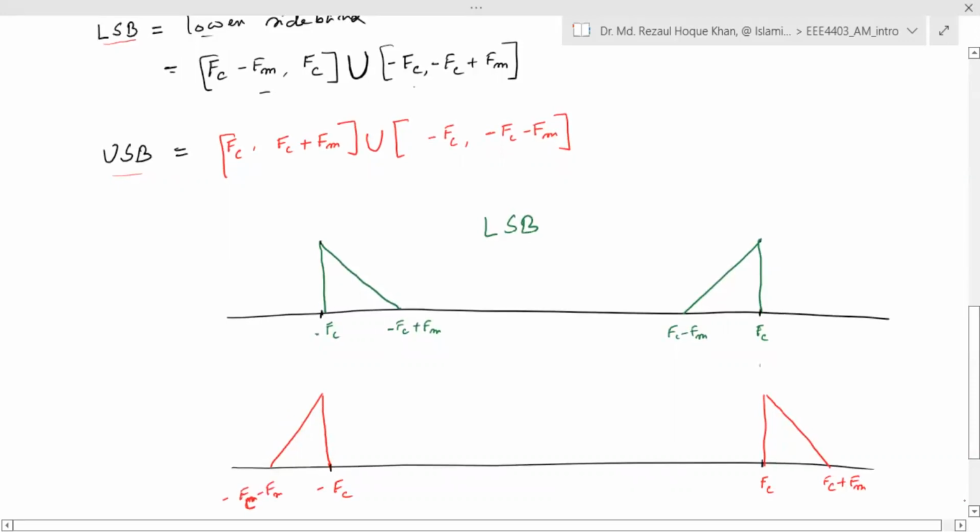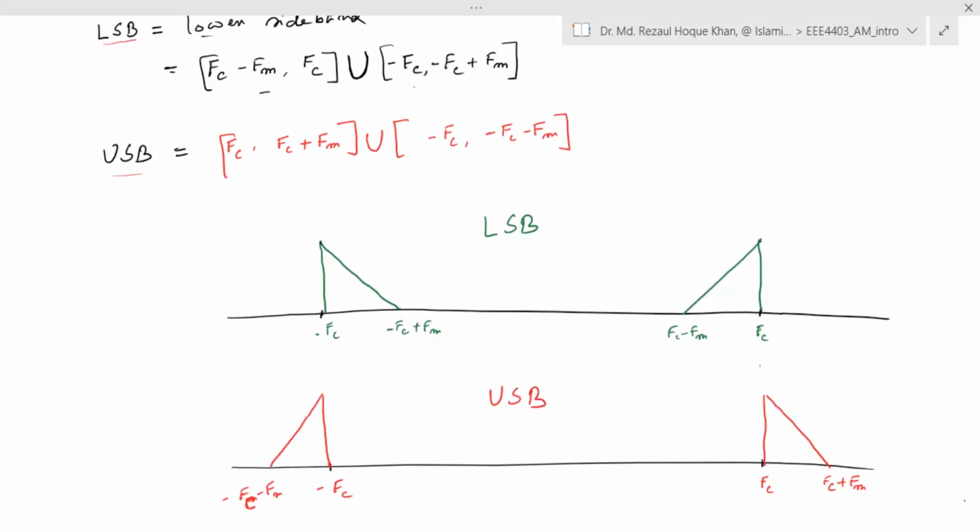This portion is our upper sideband. So I have just drawn the LSB spectrum and the USB spectrum.